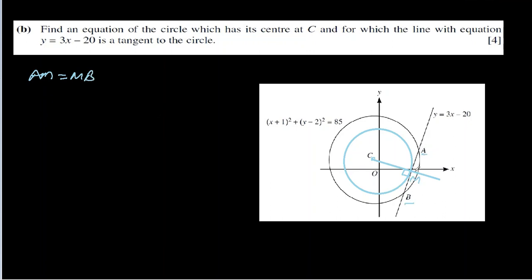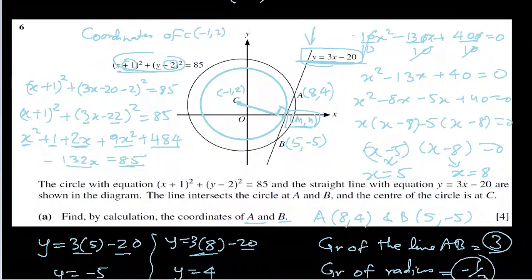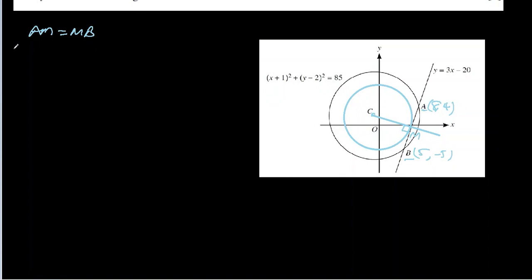We know the coordinates of A and B now. What are they? They were (8, 4) and (5, minus 5). So let's find the coordinates of M, the midpoint.